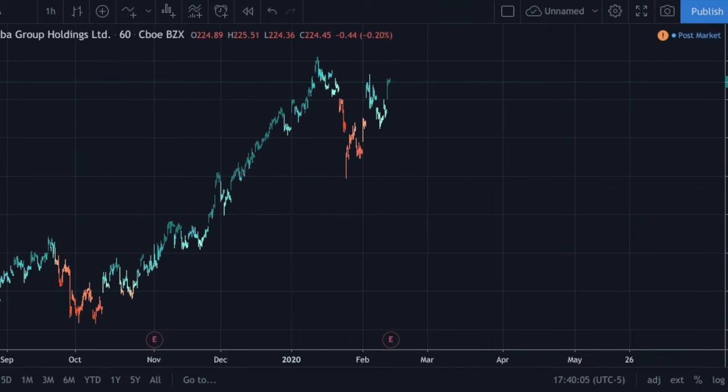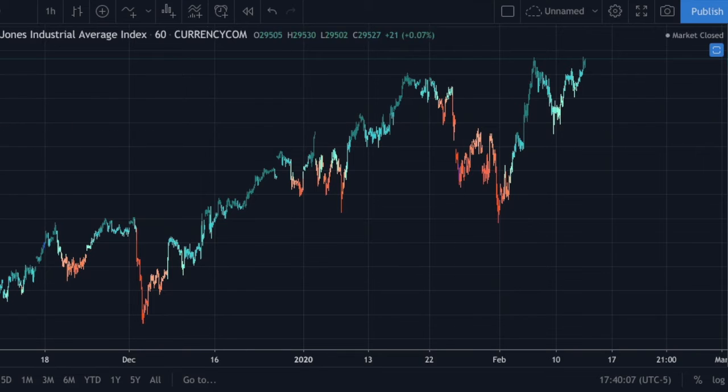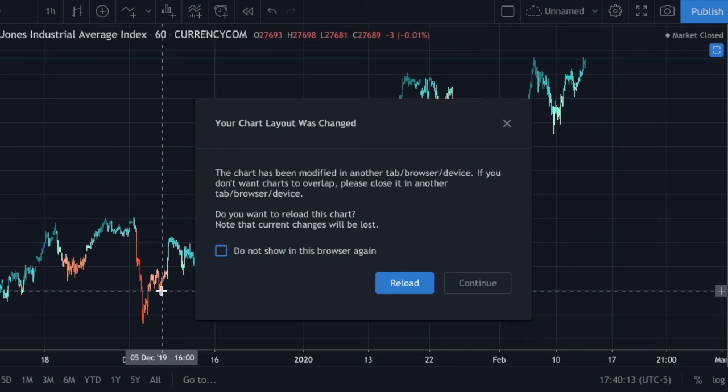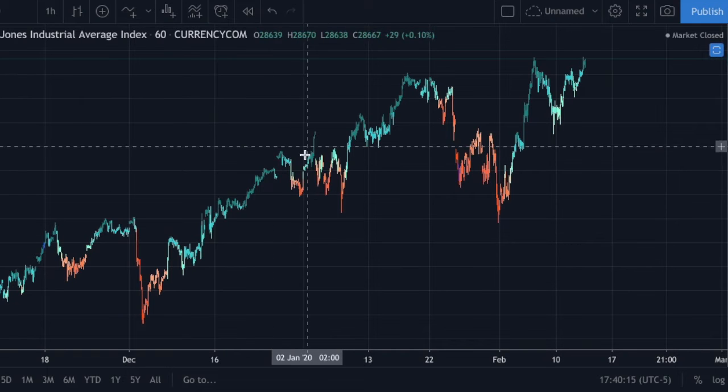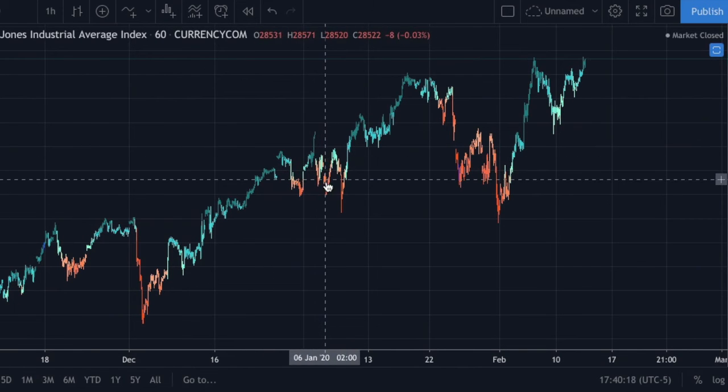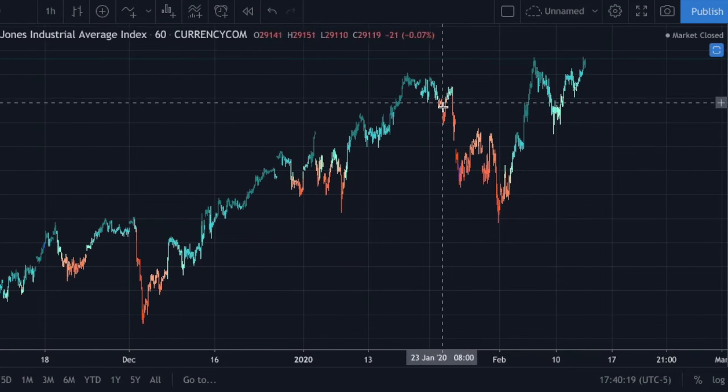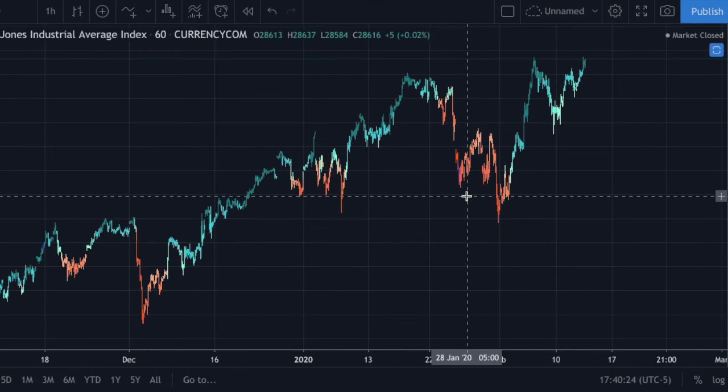Now let's look at another one. Let's look at the Dow Jones US 30 from November to our current time period. 18 trades. Definitely profitable. Not saying you're going to win 100% of the time, but I'm saying that you're going to make more than you lose.